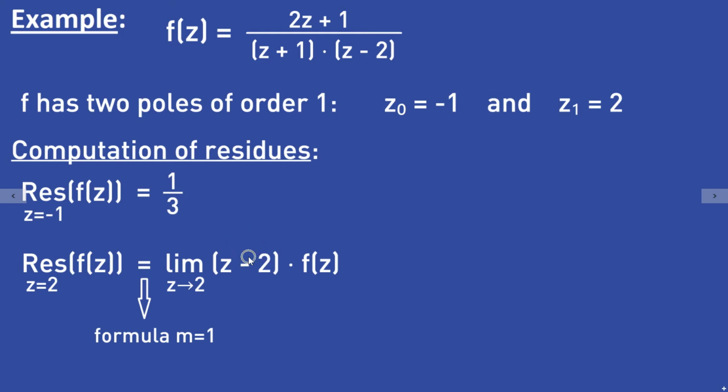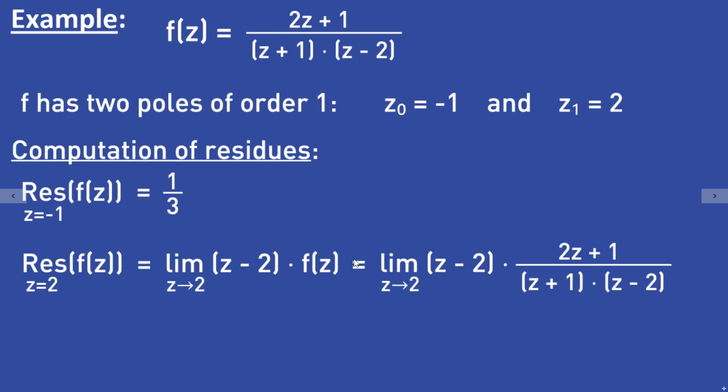Now this is equal to the limit z to 2 of (z minus 2) times (2z plus 1) divided by (z plus 1) times (z minus 2).